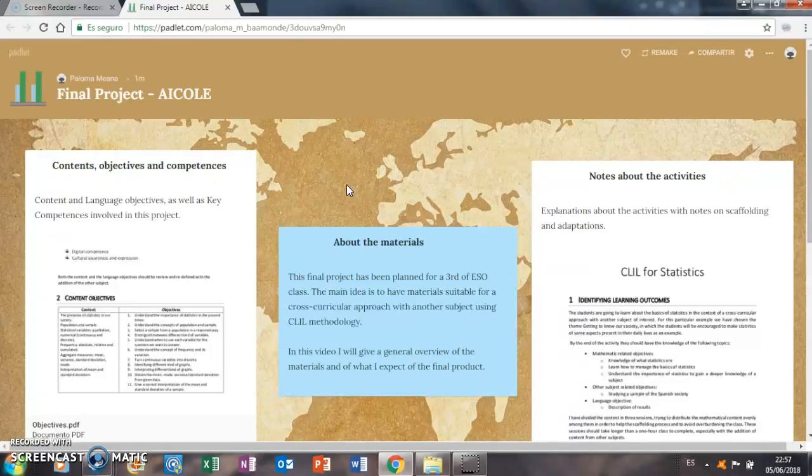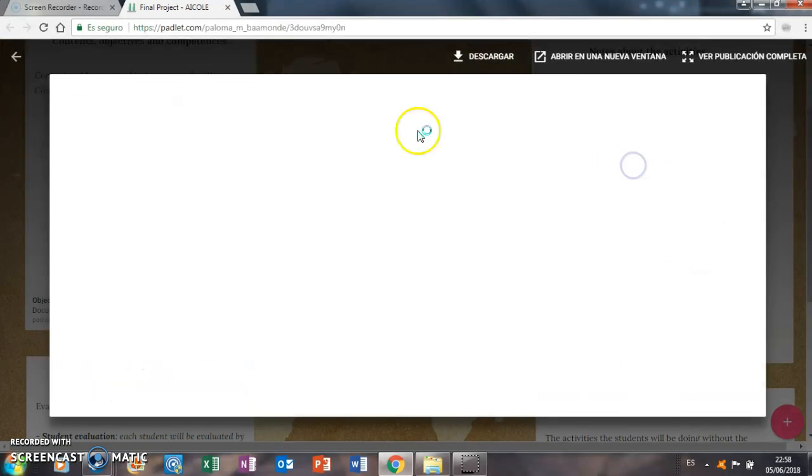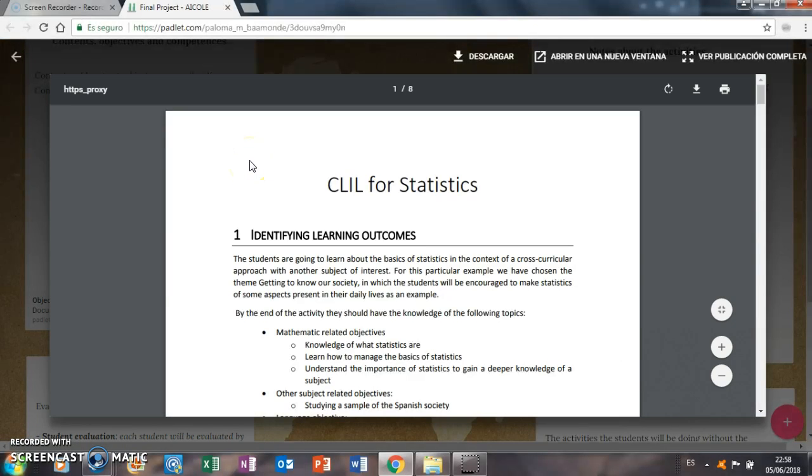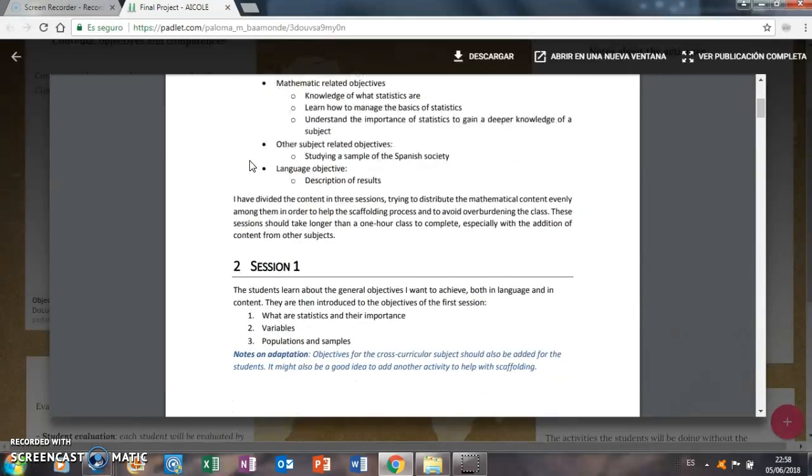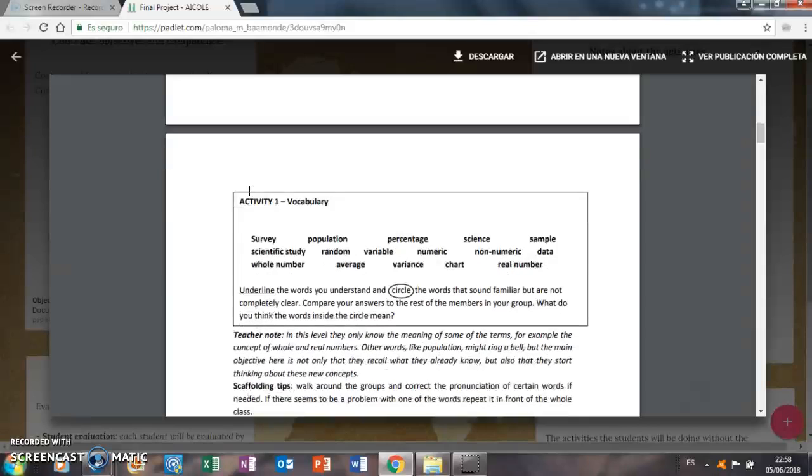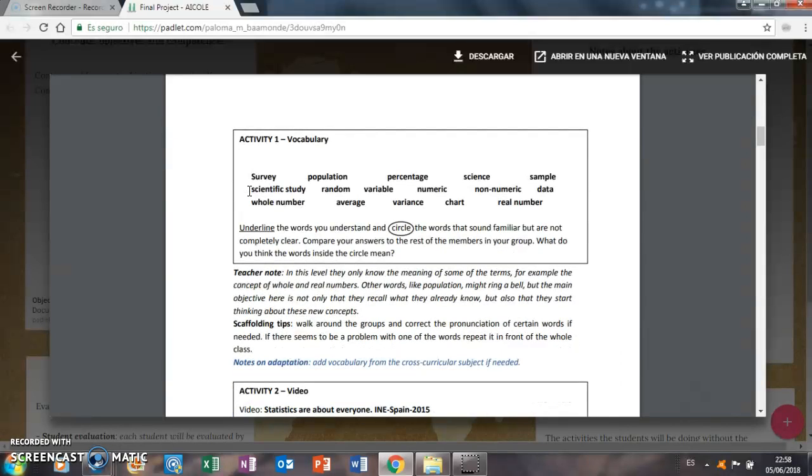But since I personally do not feel comfortable outside my major, and I'm currently not working with any other specialists from other majors that could be of interest for the students the project is for, I ended up making a maths class of statistics, and I tried to put as much of the CLIL methodology as I could think of.